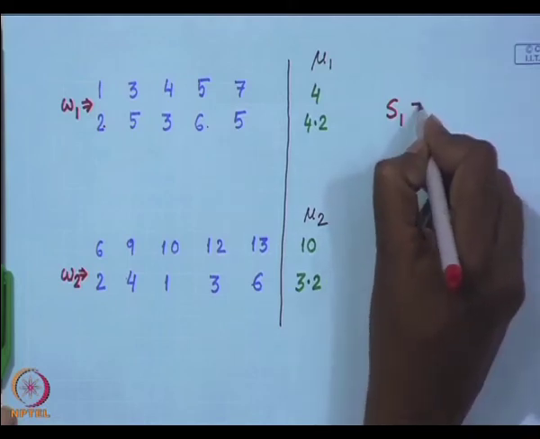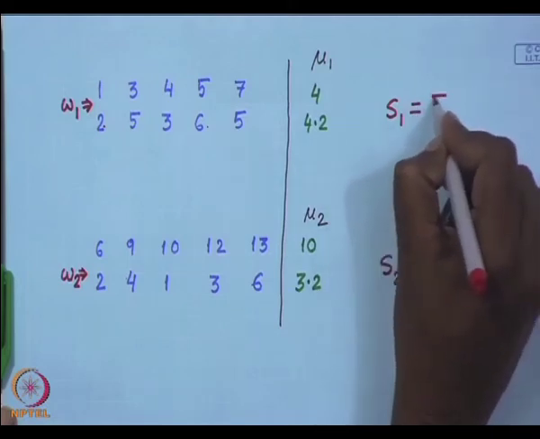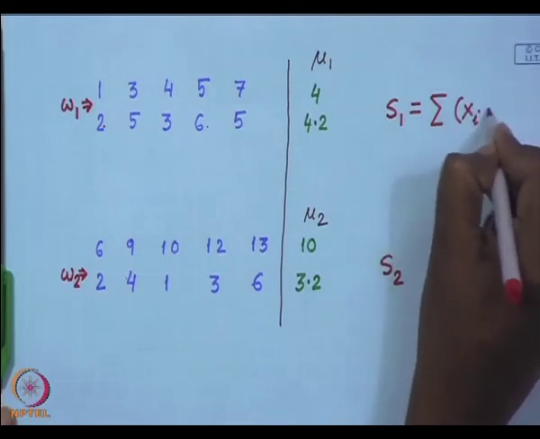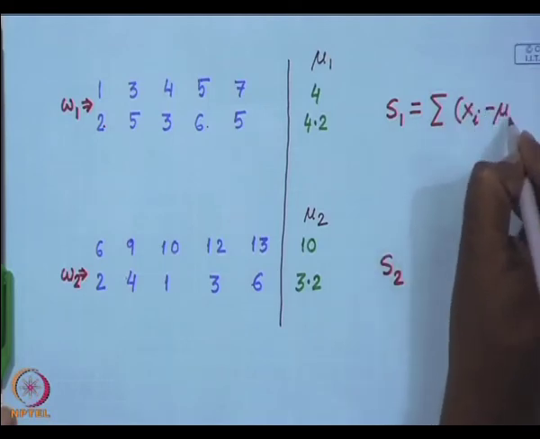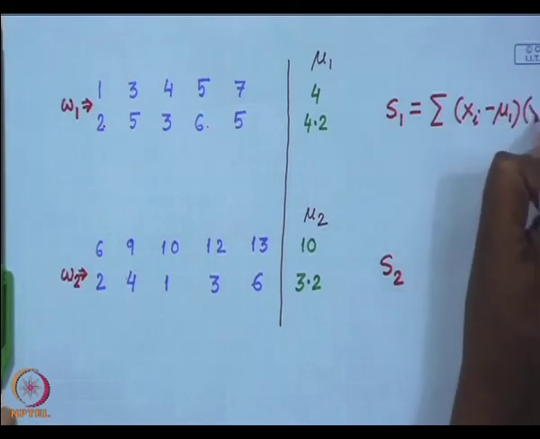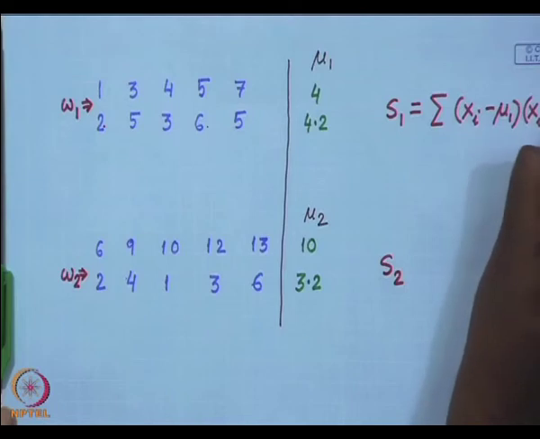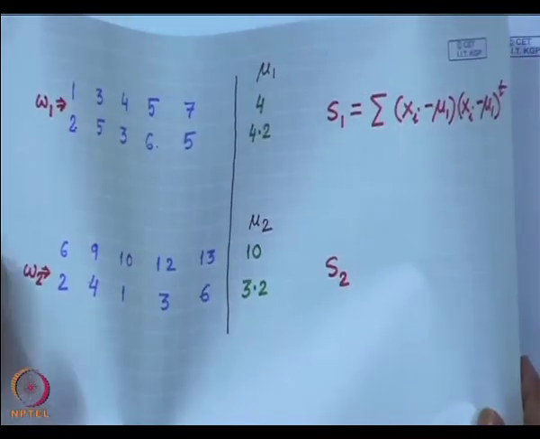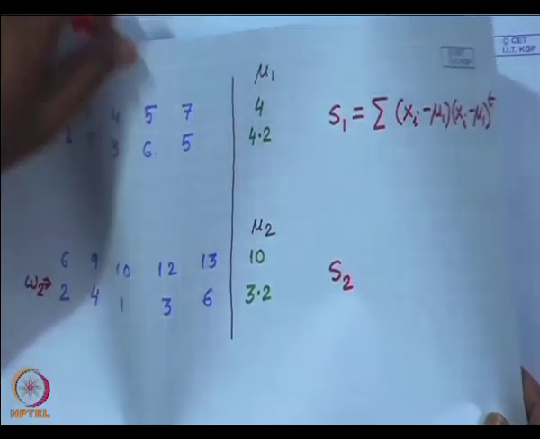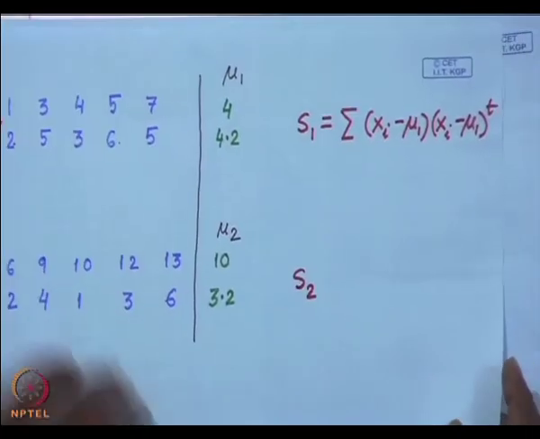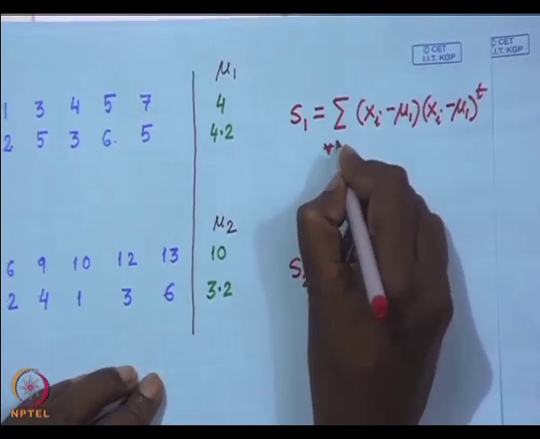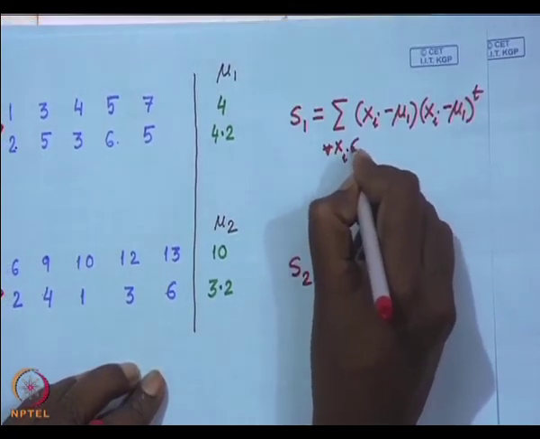S 1 is nothing but the sum of (x_i minus mu 1) into (x_i minus mu 1) transpose for all x_i belonging to class omega 1.